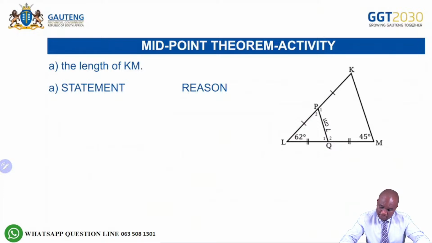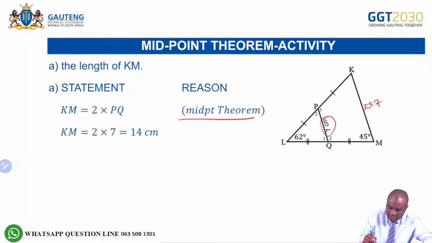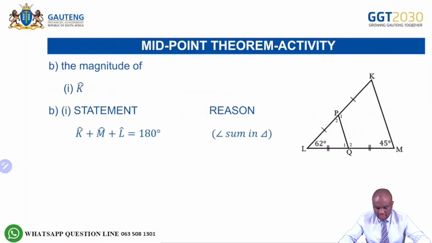So KM is going to be 2 times PQ, 2 times 7, which is 14 centimeters. The reason: midpoint theorem. And since P and Q are midpoints, PQ is parallel to KM.